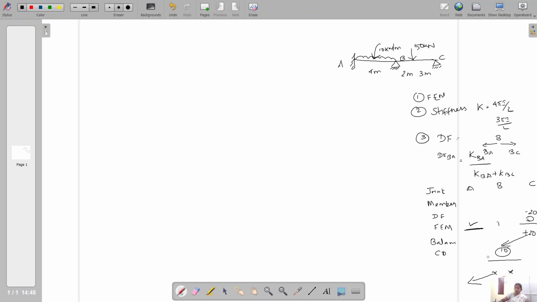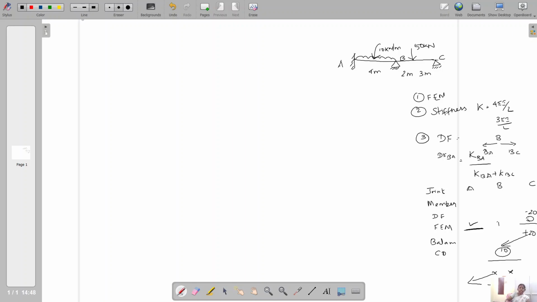So this process repeatedly goes on until we get the summation of moment at joint B equal to 0, and we should ensure the moment should be 0 at a simply supported condition. We should not have any moment value at the bottom of the calculation at the simply supported point.